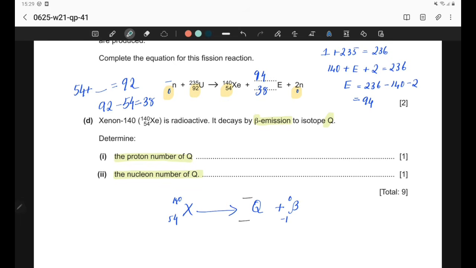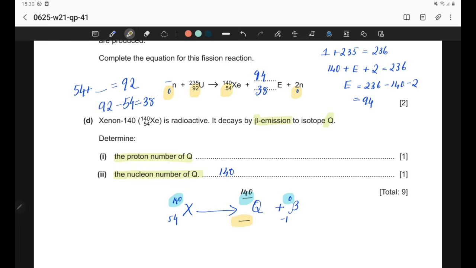Here also we can use the same concept: the total mass number, or the total nucleon number, at the RHS and at the LHS must be the same. So for Q it must be 140, then both RHS and LHS will be the same. So the nucleon number is 140. Now we need to find the proton number.